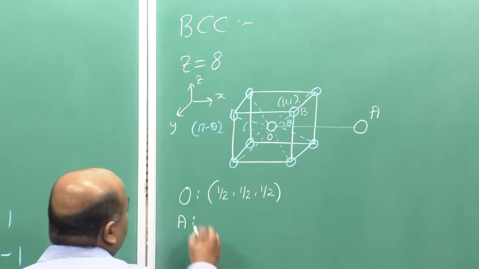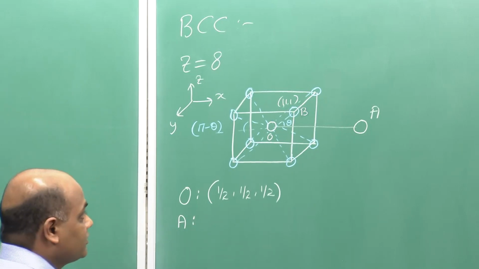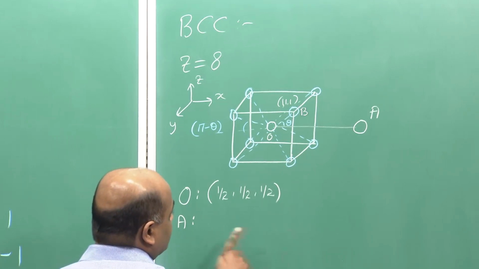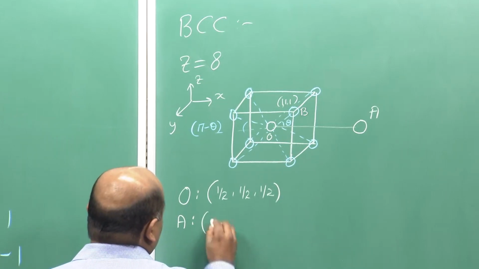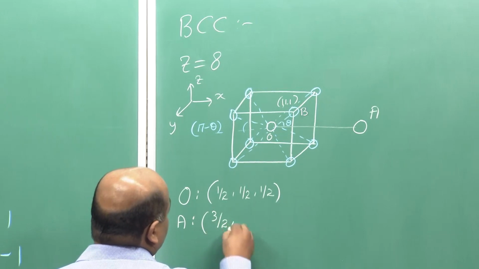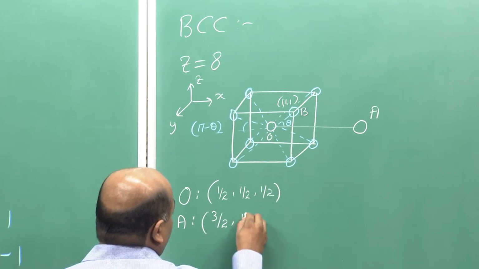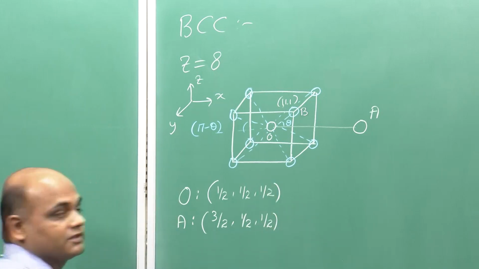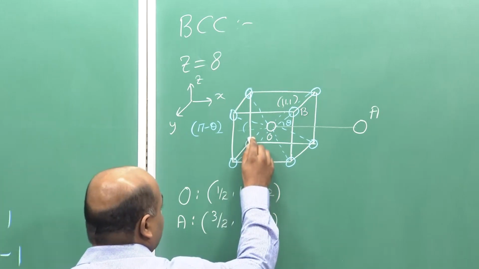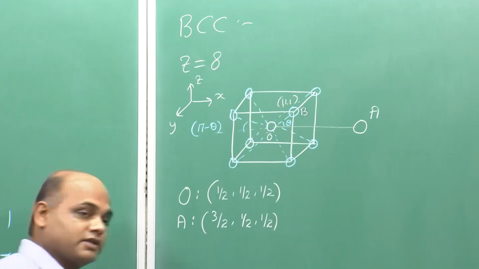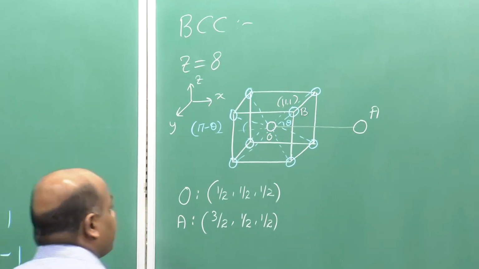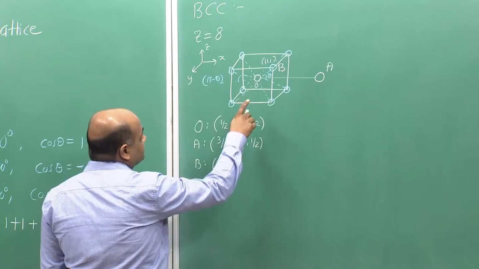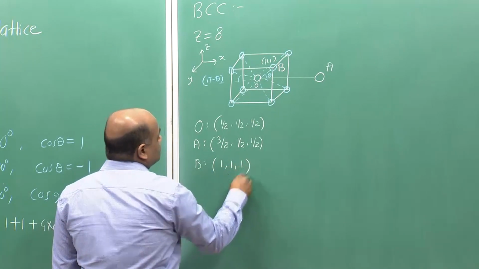For A, the coordinates are 3 by 2 in x direction, half in y, and half in z. This corner is the origin, the typical origin. And for B, the coordinates are obviously 1 1 1.